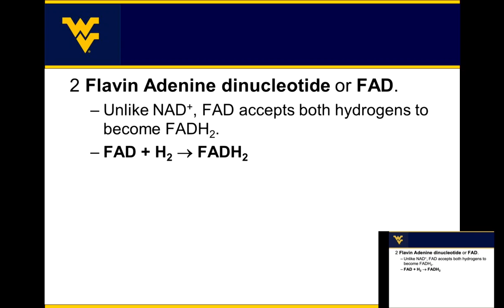Sometimes there's enough energy being released that you can directly synthesize an ATP, but that happens very little compared to these dehydrogenase enzymes cleaving off these protons with their high energy electrons, being picked up by these coenzyme factors of these enzymes and being carried or shuttled someplace. And where they're being shuttled to is the inner part of the mitochondria.